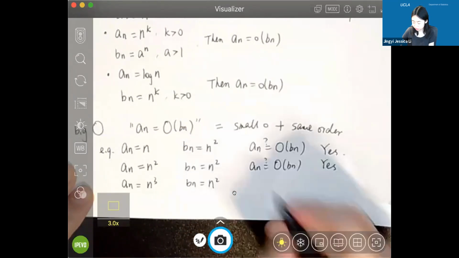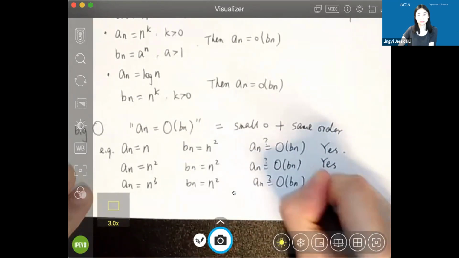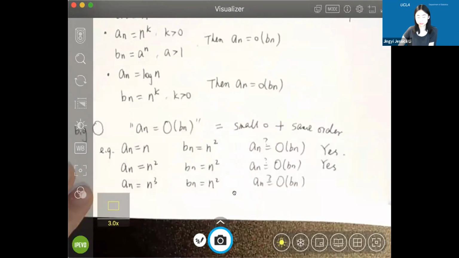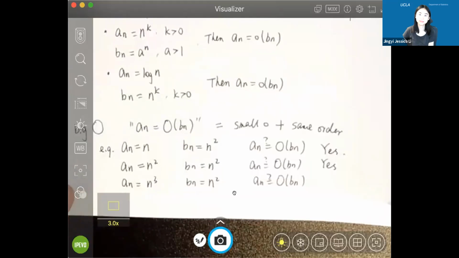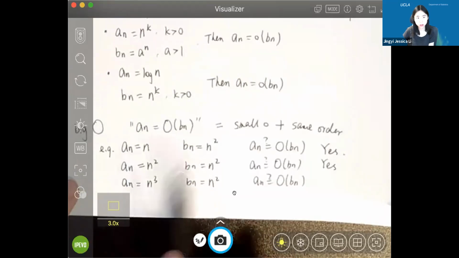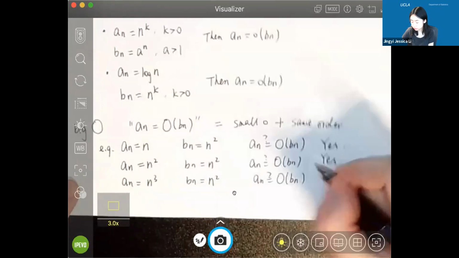Is it still big O? No more, because if we do an over bn, that ratio's absolute value will converge to infinity. It's not bounded. So this is no.